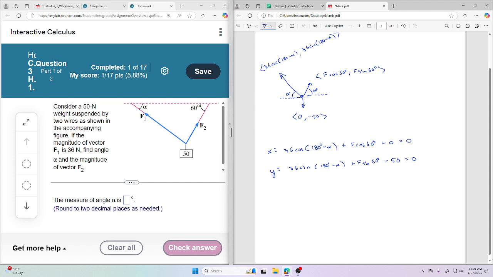The last time we had this, I was able to solve for one because it was really easy and then plug it back in. This one, not so much. We've got two different variables going on at once. So in order to find this, I'd have to solve for F, plug it back in, solve for alpha.